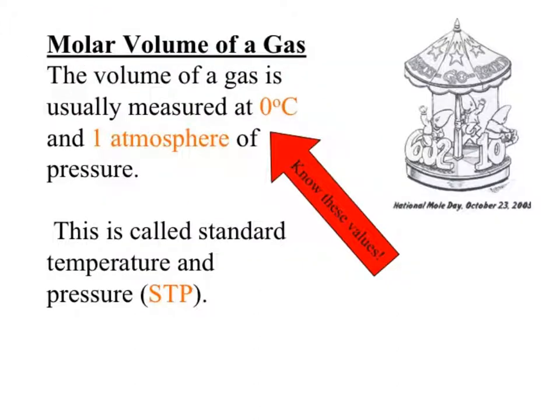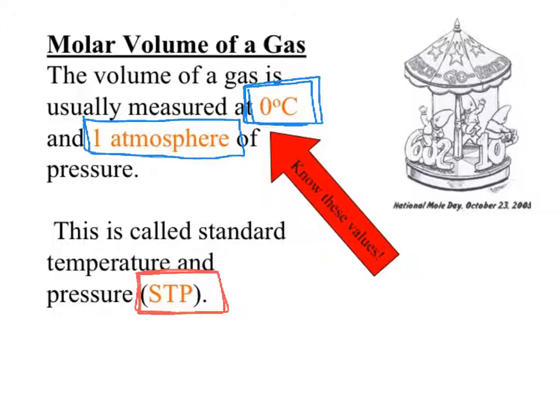So the volume of a gas happens at what we call STP. So what is STP? It stands for standard temperature and pressure. Well, what is the standard temperature and pressure? The temperature is 0 degrees Celsius and 1 atmosphere. So these standard temperature and pressures are basically at room temperature and room pressure, what we're sitting at currently in this room.